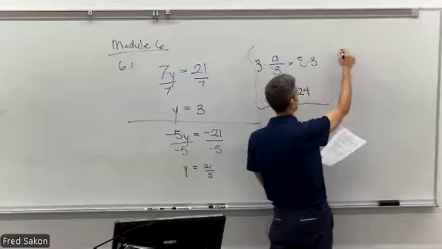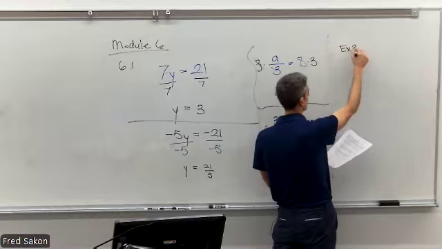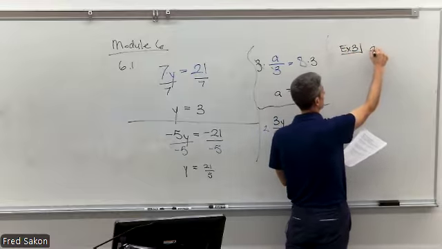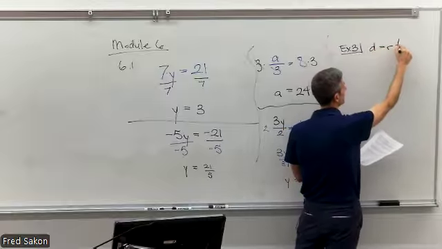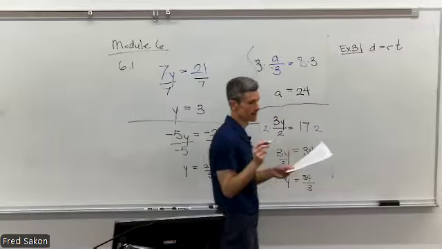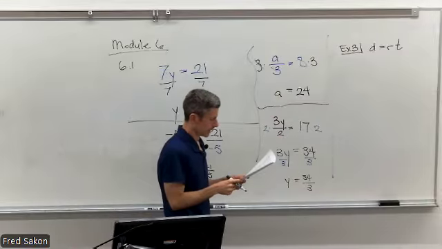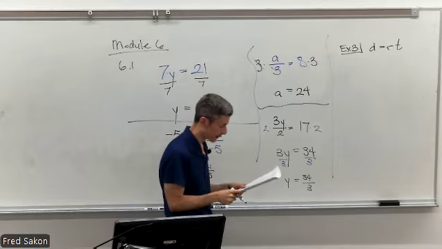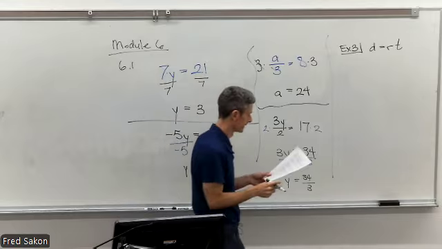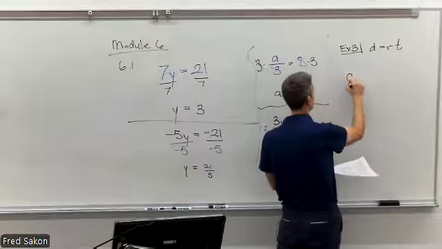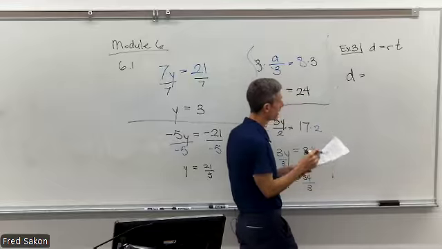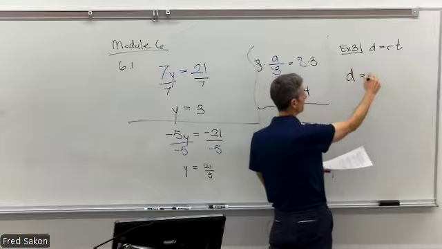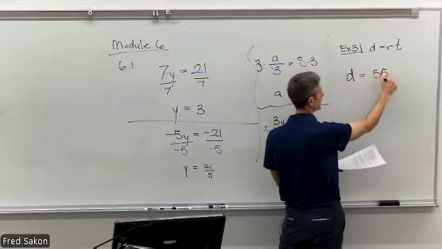We've got in example number 3 there, the distance equals how fast you're going, rate, times how much time. It says a car travels 55 miles an hour for 3 hours. How far has it traveled? To figure out that distance, we would say, how fast does it go in R? 55 miles per hour.